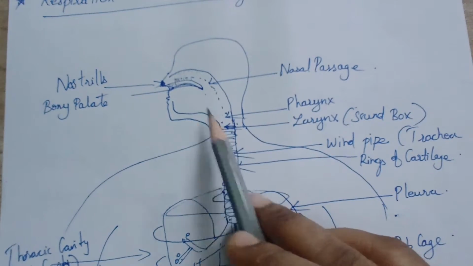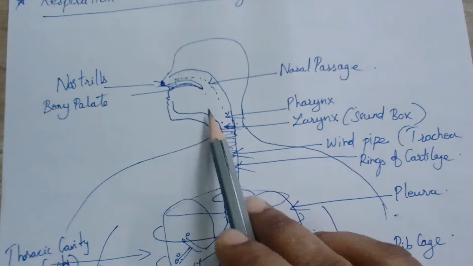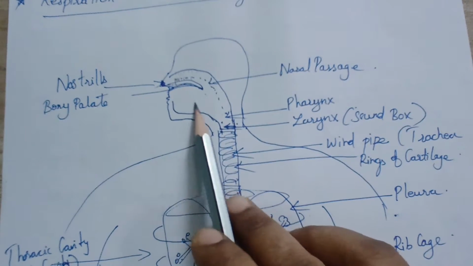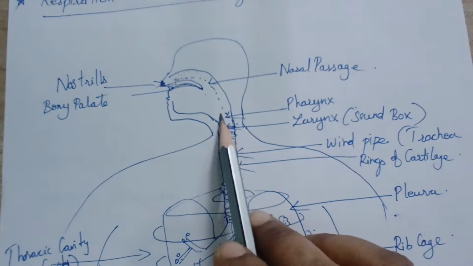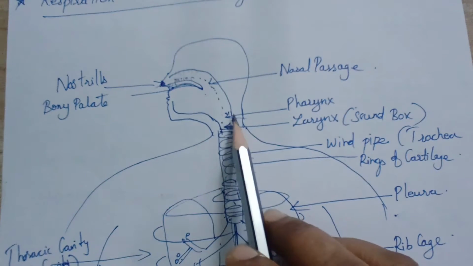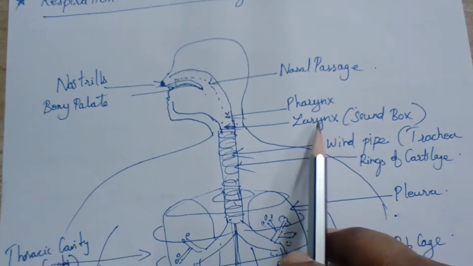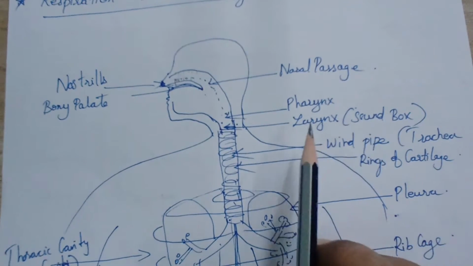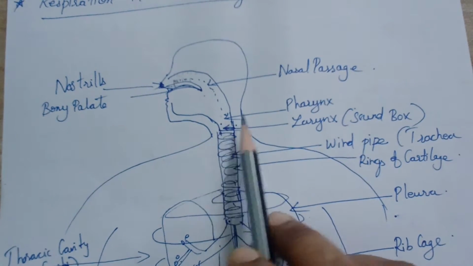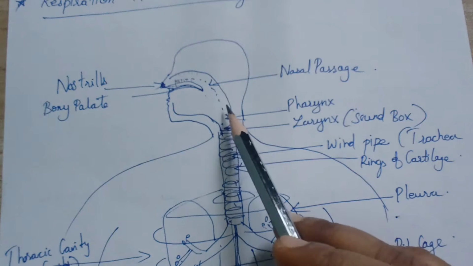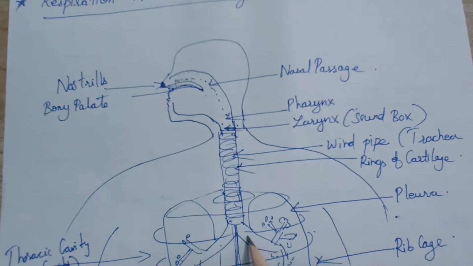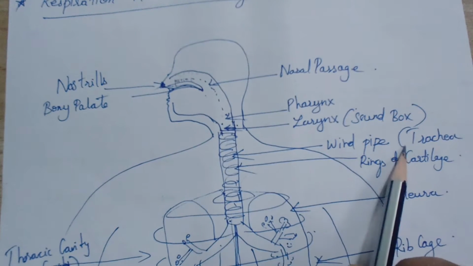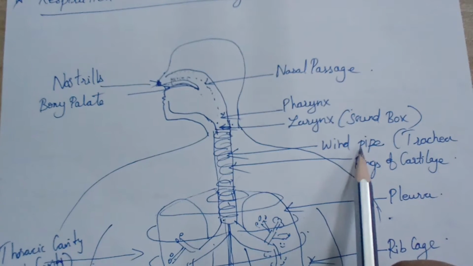In the pharynx, the food material from the mouth and the air from the nostrils meet. This is the throat portion, and below that you have the larynx, which is your sound box, the vocal cord. From the nasal passage through the throat, the air enters the lungs through the windpipe. The windpipe is nothing but your trachea. Technically it is called the trachea.